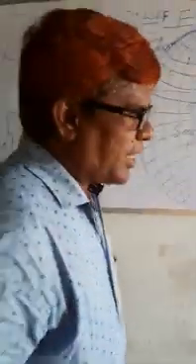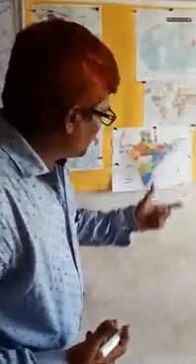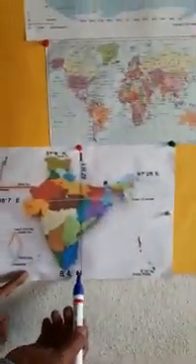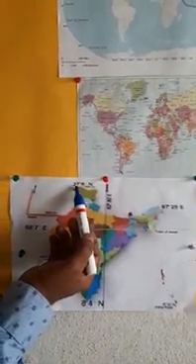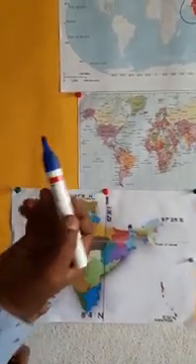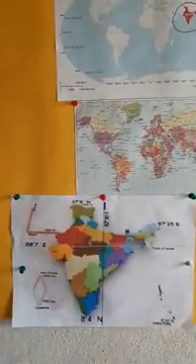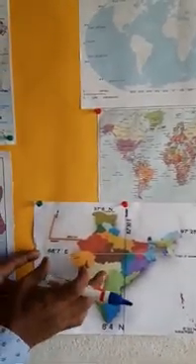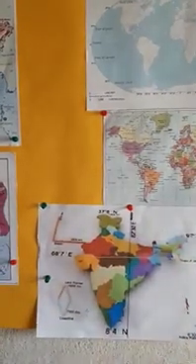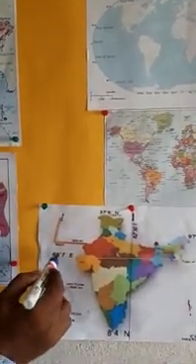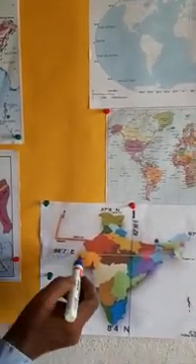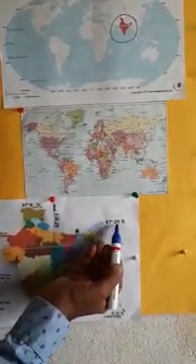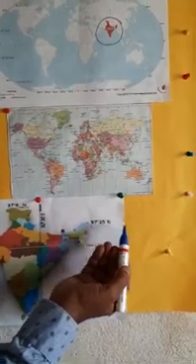India extends according to latitudes from 8 degrees 4 minutes and ends at 37 degrees 6 minutes north latitude. And India lies in the eastern hemisphere and it starts from 68 degrees 7 minutes east and ends at 97 degrees 25 minutes east.